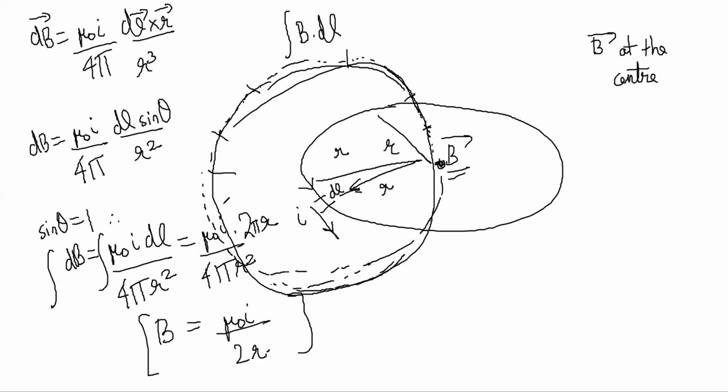You want to ensure that B is the same at all points on the perimeter. So you take an Amperian loop like this, and you say mu naught I, the current crossing it. The current crosses this loop only once, coming out of the plane of the paper. So mu naught I is the current, and B into 2 pi R.